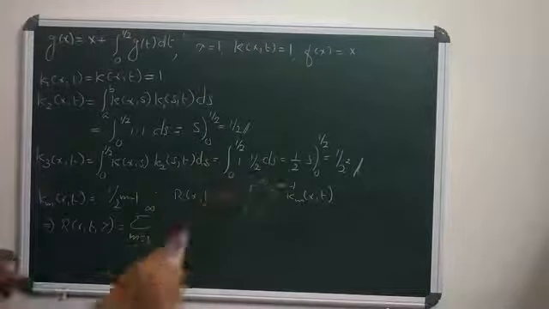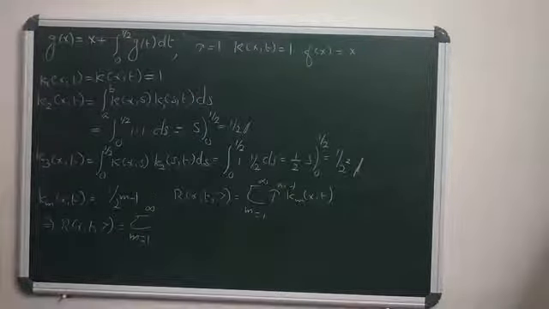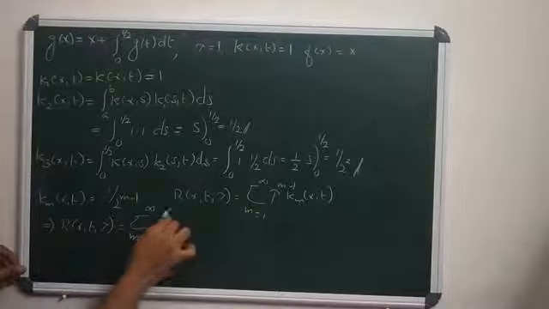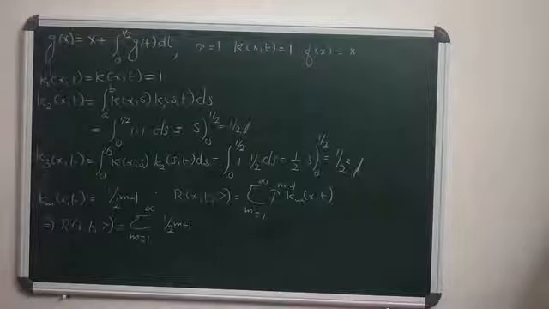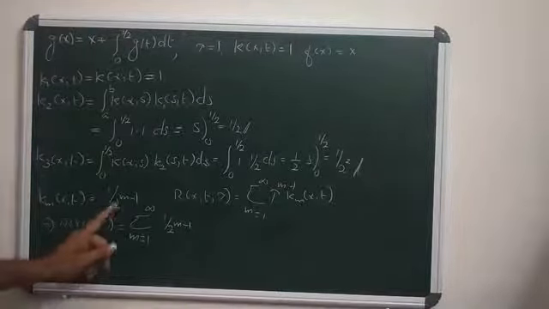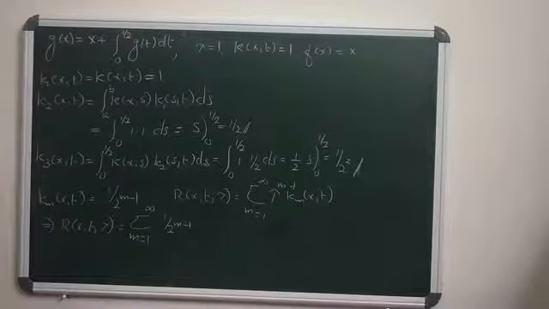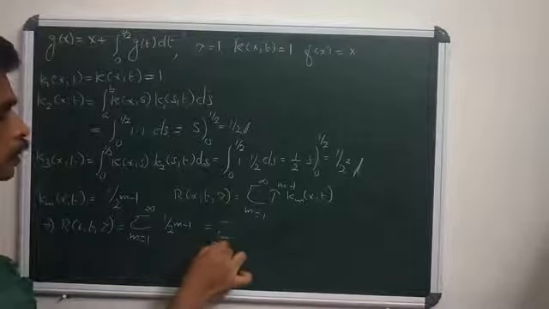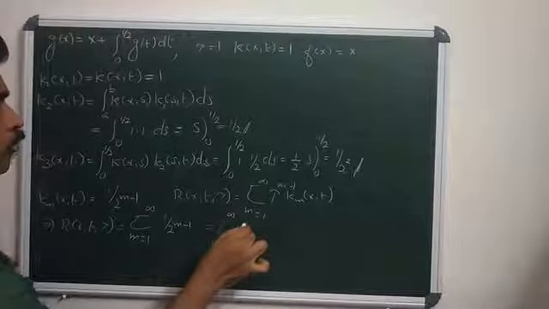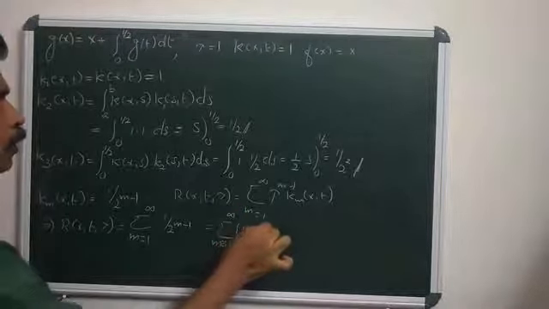Lambda is 1, so lambda power m minus 1 is again 1, into km(x,t), that is 1 by 2 power m minus 1. So it is sigma m ranges from 1 to infinity of 1 by 2 all power m minus 1.